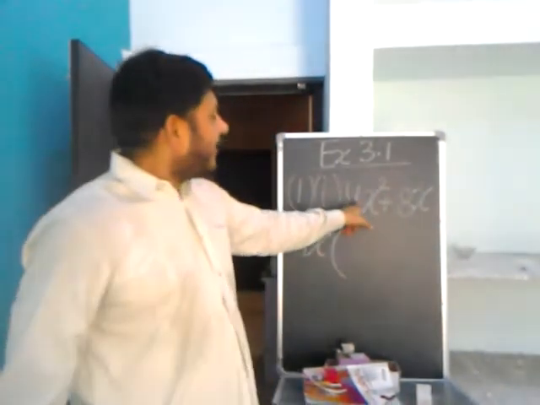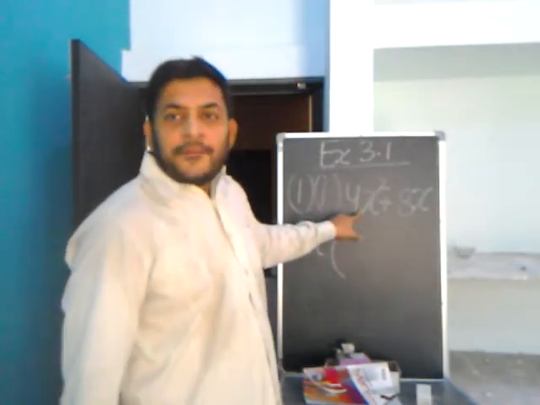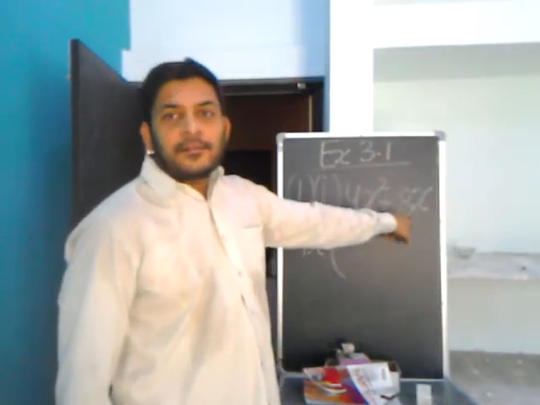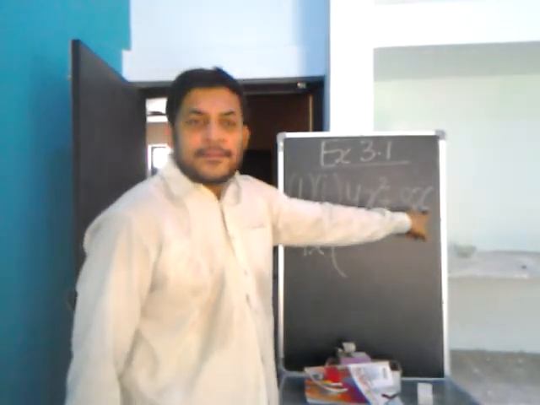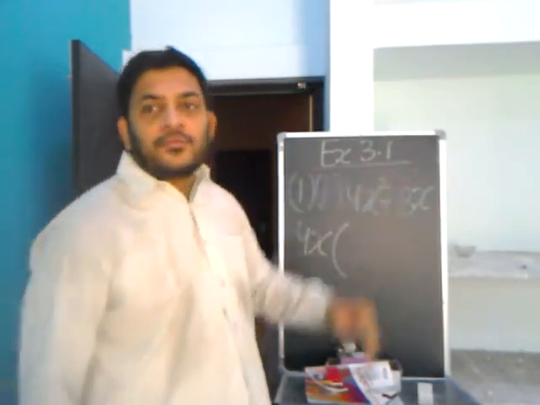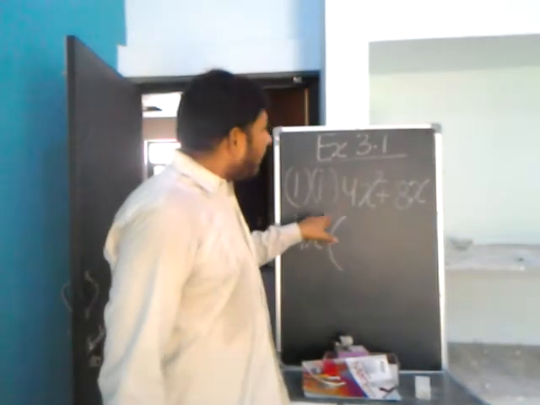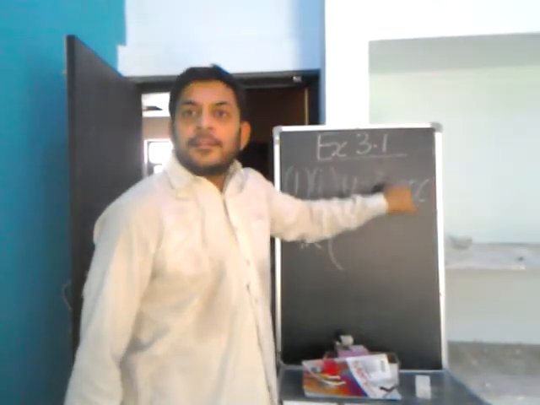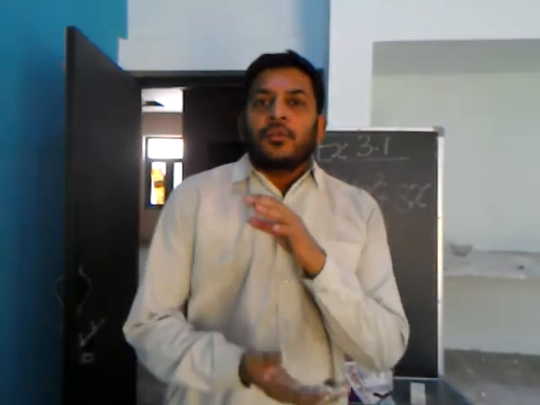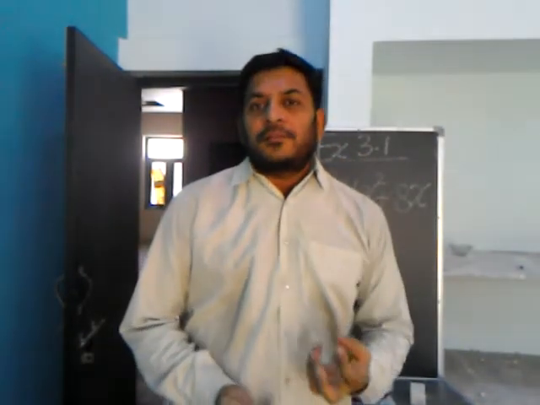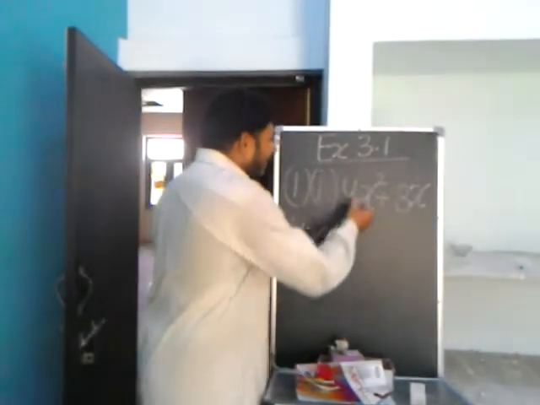Now I can take 4x common from both, because 4 can divide 4 and 8, and this x can divide this x and this x. Why not x square? Because in that case the power would be bigger than this one, and we take the common factor of the lowest possible power.